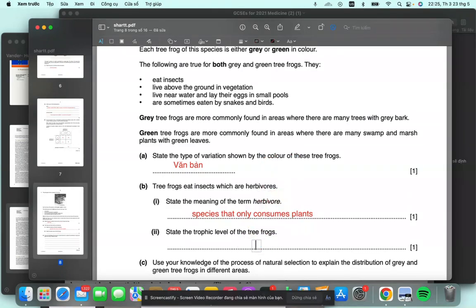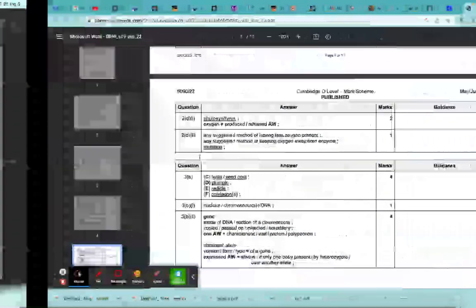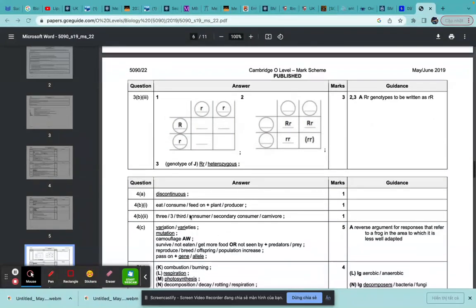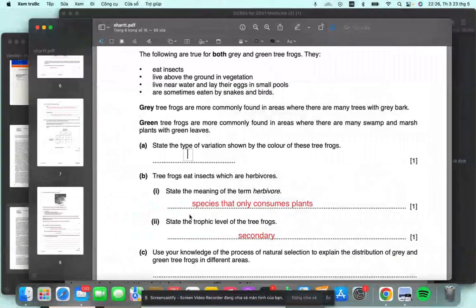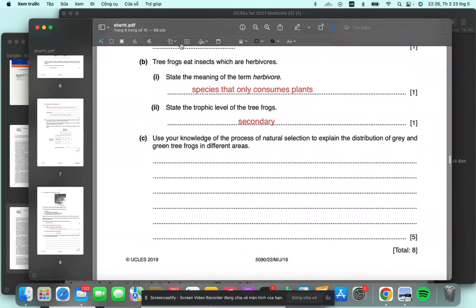Trophic level of each tree frog: it eats insects, so secondary. Discontinuous variation.